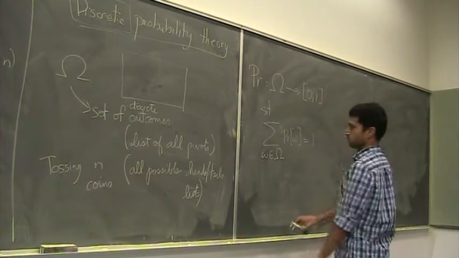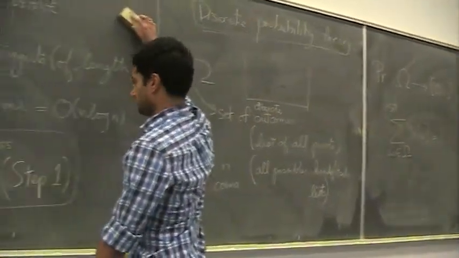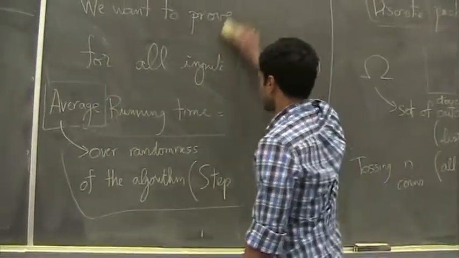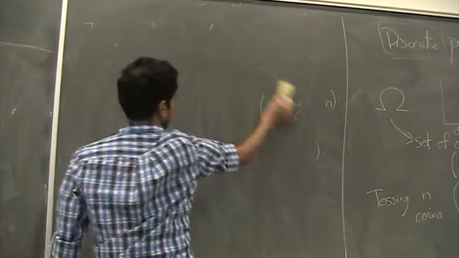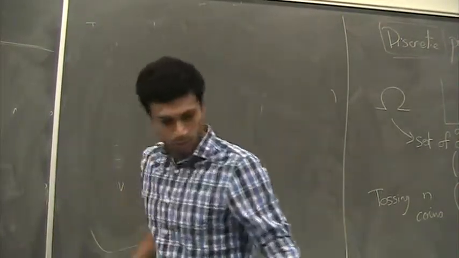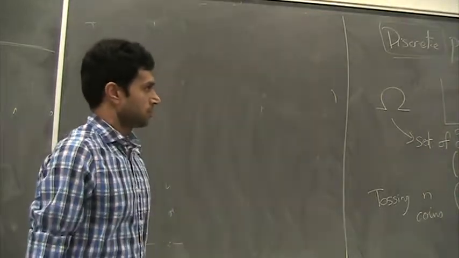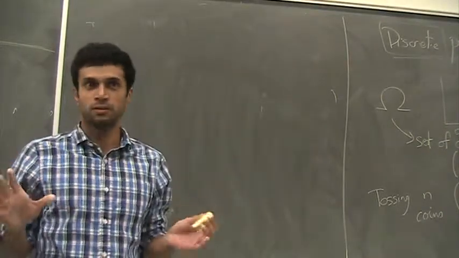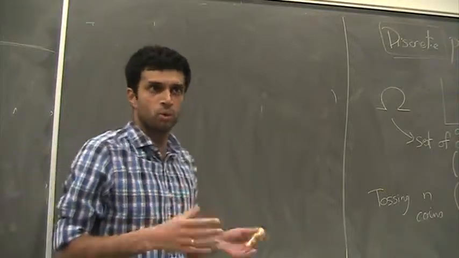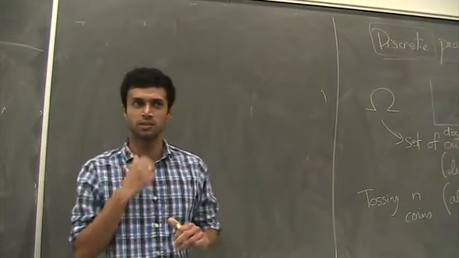Let me sort of go back here. Get rid of this. So, what is an event? You've heard of events and probability, right? Can you define an event with respect to all of this?